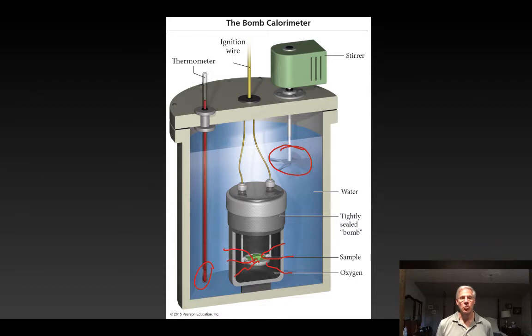If you know how much water you have inside that overall calorimeter, which is the whole device here, and you know the specific heat of the water and you know how much the temperature changed, you can determine how much heat came out of that sample. And if you know how much sample you had, you can determine a heat per gram or a heat per mole. So that's how we use a bomb calorimeter. Not something that we see a whole lot of, but it's just really cool. So I thought I'd go ahead and show that to you.